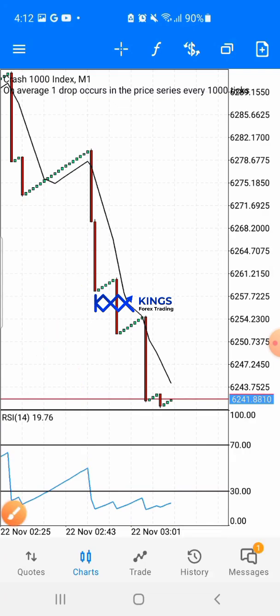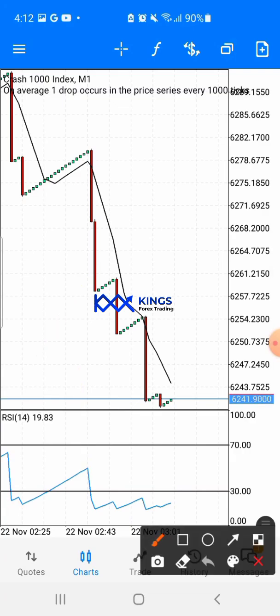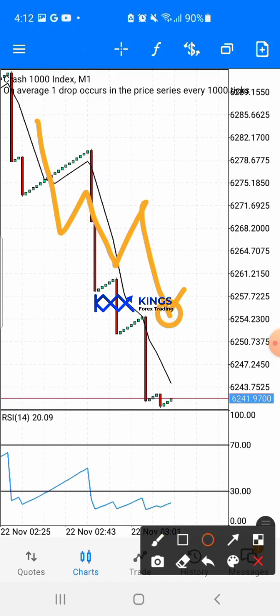Let's assume that the price is making a lower low to the downside, then makes another lower low to the downside. Now we have this low which is lower than the previous low, so we're expecting our RSI to follow suit.